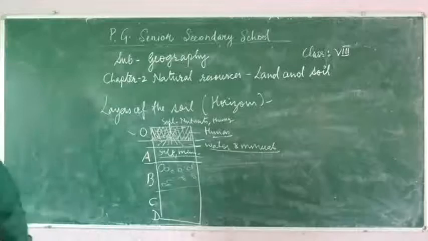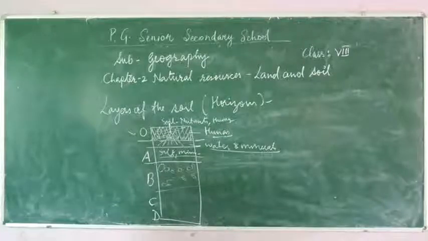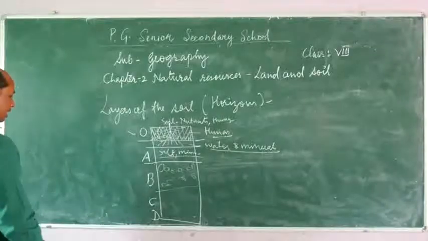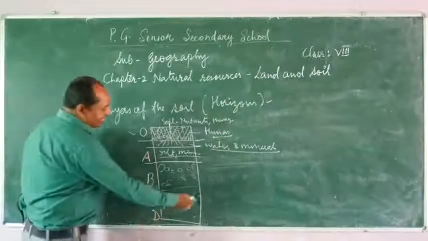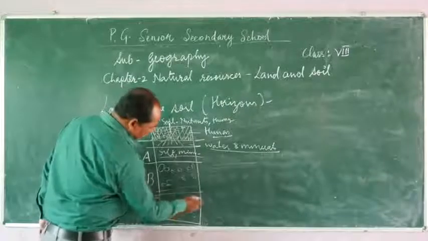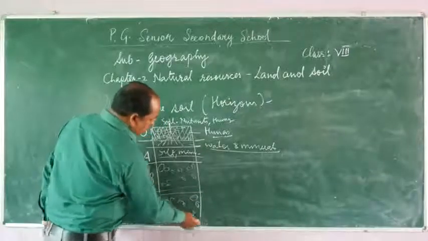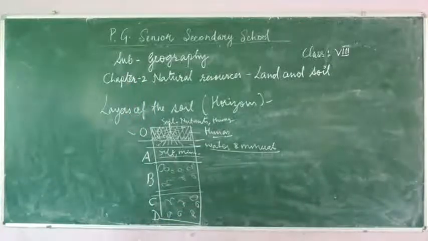Now horizon C, it contains the weathered parent rock, and it is dark in color, and some fragmented materials are found here. Now horizon D is composed of unweathered solid substances, and these are unreached by us, and they are also not very important for us.